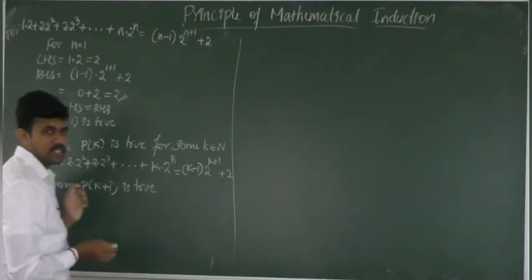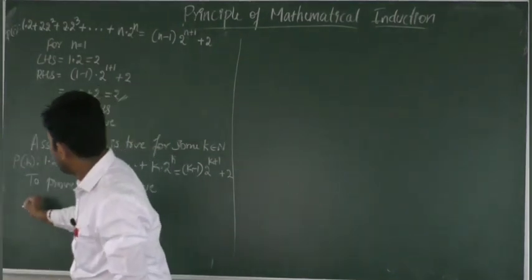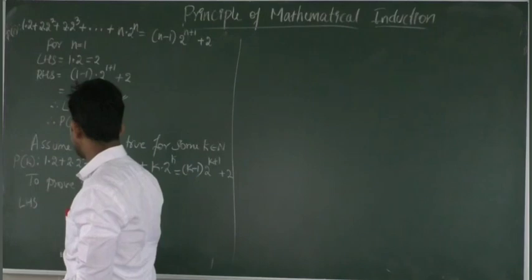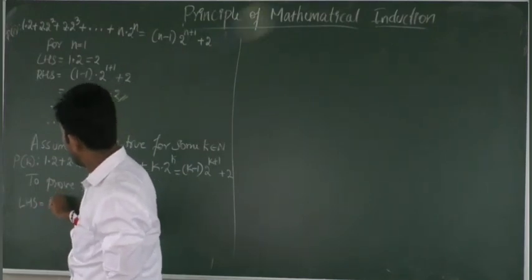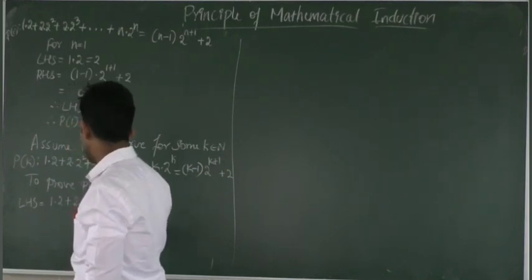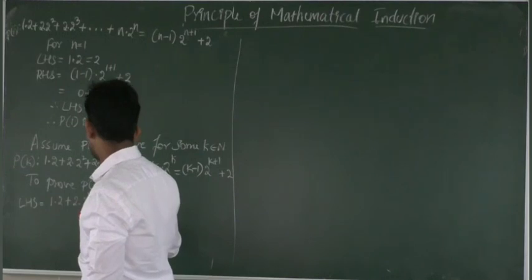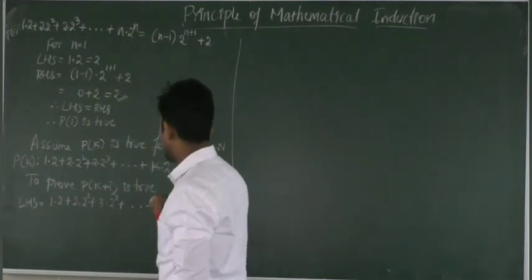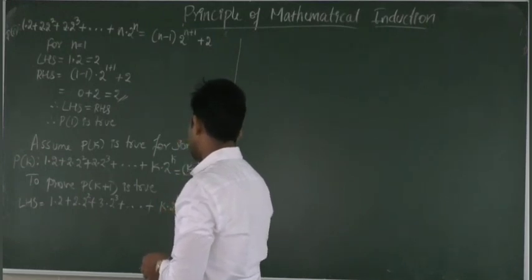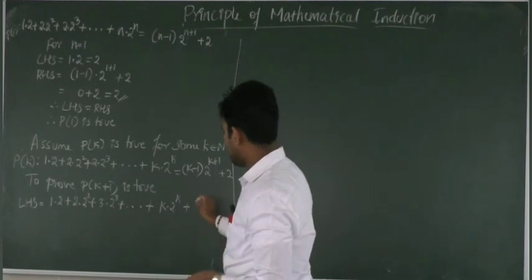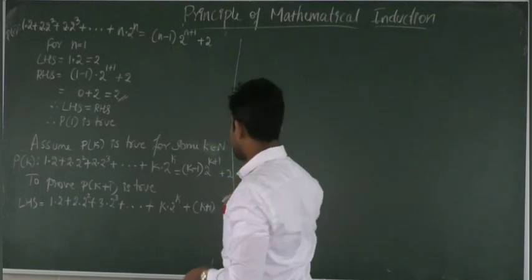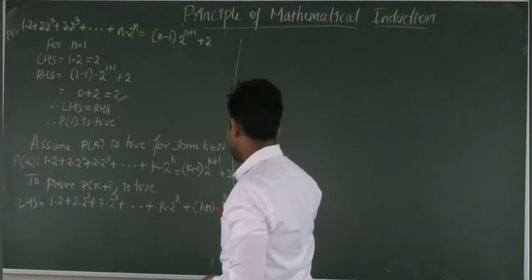So what is P of k plus 1? By replacing n as k plus 1 in the given statement, we'll get the left hand side of P of k plus 1. That is 1 into 2 plus 2 into 2 square plus 3 into 2 cube and so on, plus the kth term, that is k into 2 to the power k, plus the (k plus 1)th term, that is (k plus 1) into 2 to the power k plus 1.